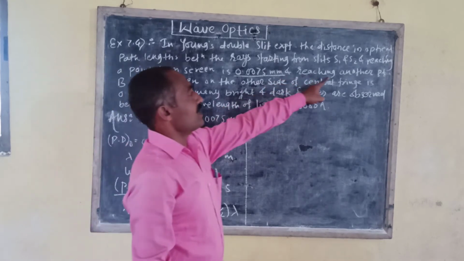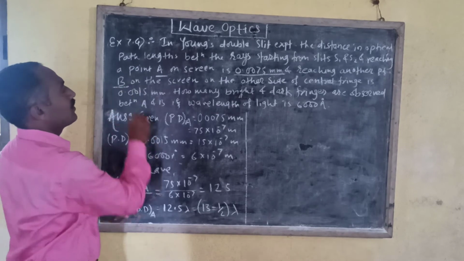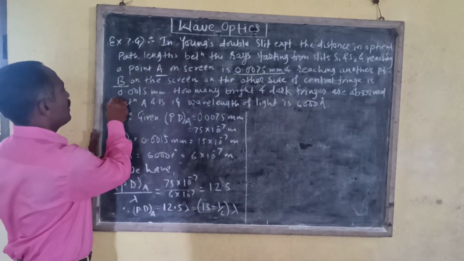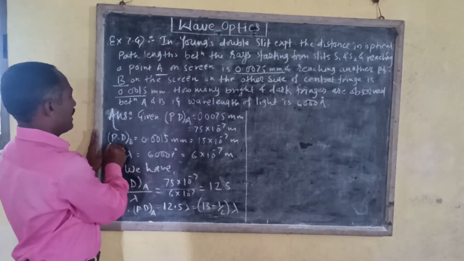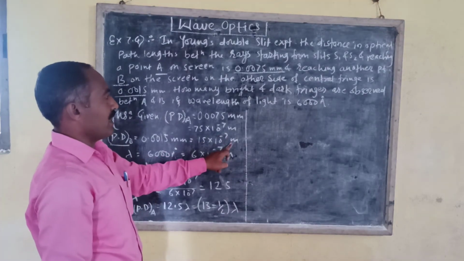Later on, reaching another point B on the screen, on the other side of the central fringe, it is 0.0015 millimeter, means the path difference at B is equal to 15 into 10 to the power minus 7 meter.